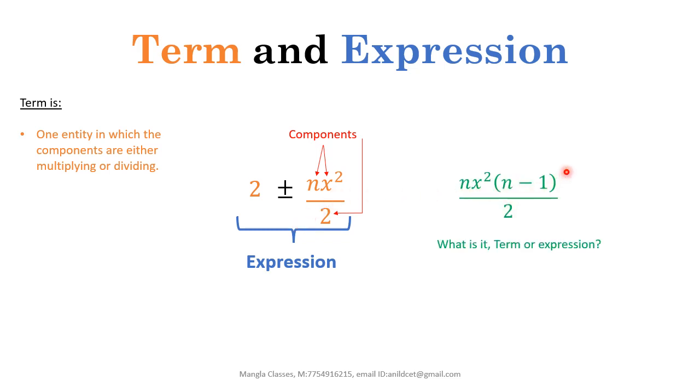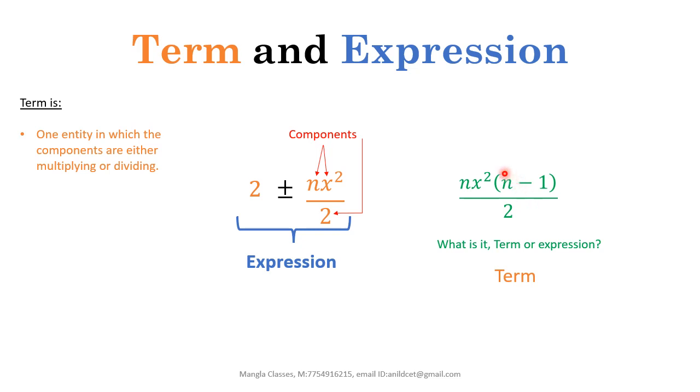Now here I have shown you a cluster of some numbers or entities or components. Tell me whether it is a term or an expression. It is a term. Although in this term there is one bracketed expression, that is n minus 1, and as I told you there is a minus, so it should be an expression.